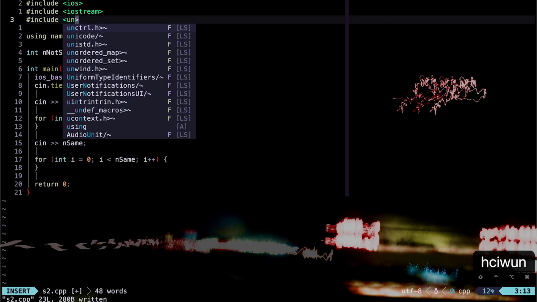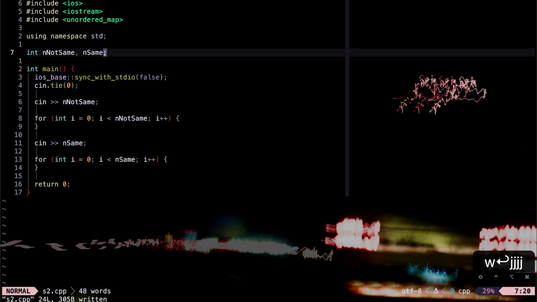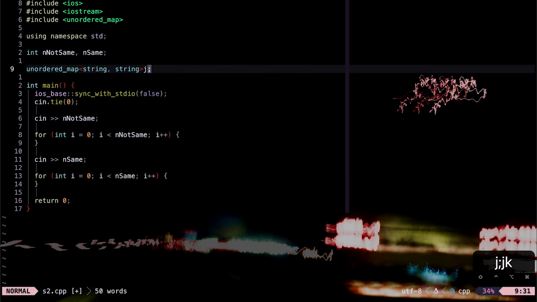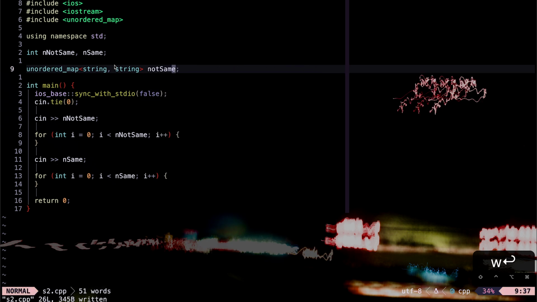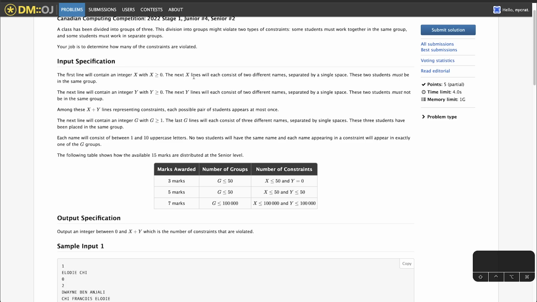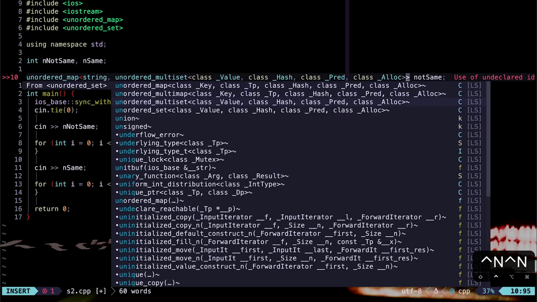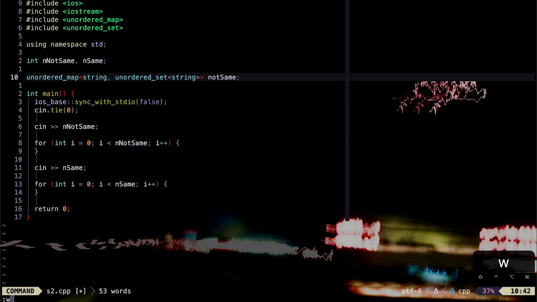I'll use, thinking of an unordered map. So we want to store all the rules about not same and then same. So I guess this would be an unordered set. So obviously we have the name and then an unordered set of students that can't be with.